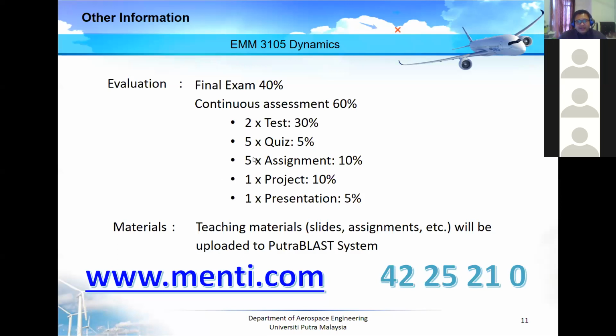The marks for the quizzes and assignments might differ from one to another. For example, quiz 1, the total mark is 2%. Quiz number 2, the mark is only 1%. So the mark will vary depending on the level of that particular quiz. The same thing for the assignments.